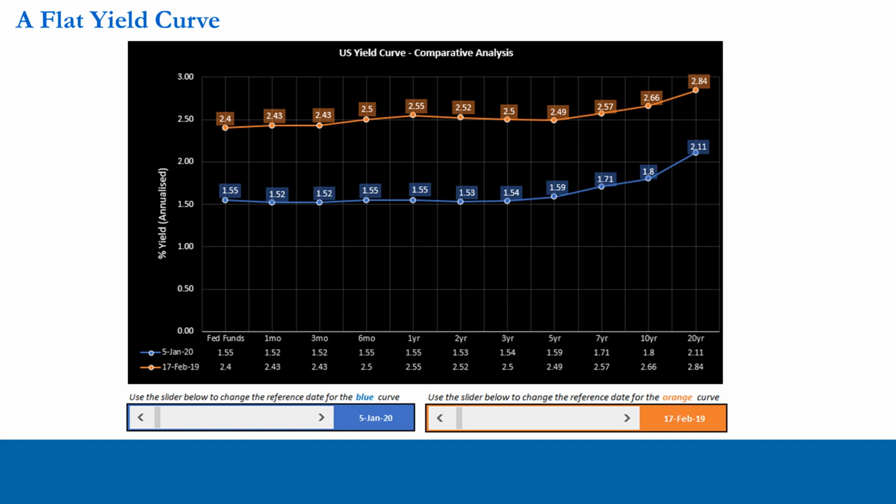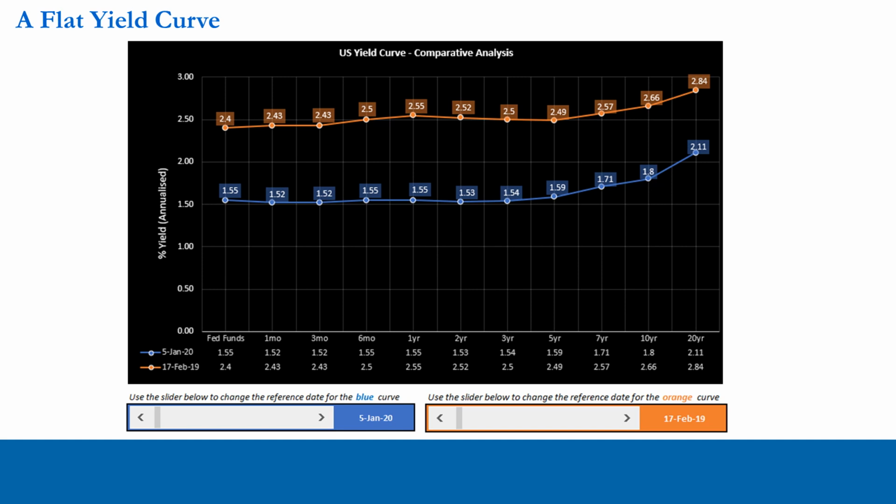So back in 2018, when we had a positive upward sloping curve, the yield curve began transitioning. And in early 2019 and going into the spring of 2019, we essentially had a flat yield curve.